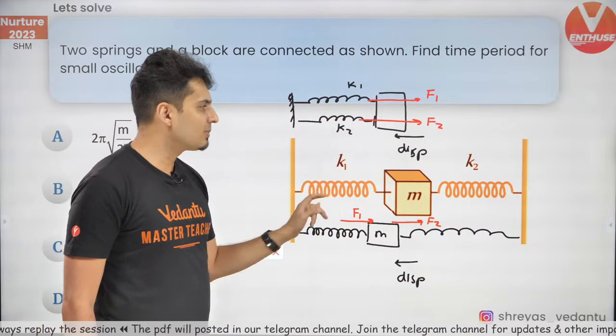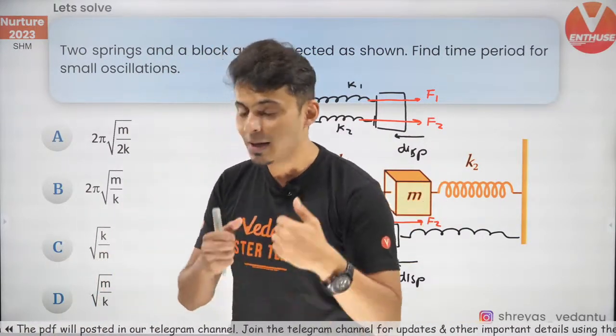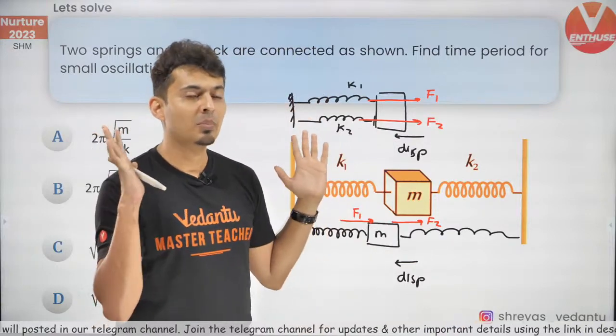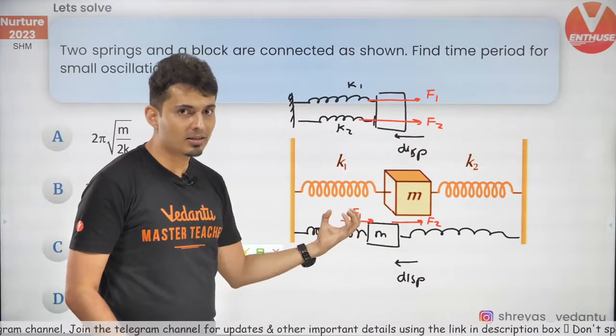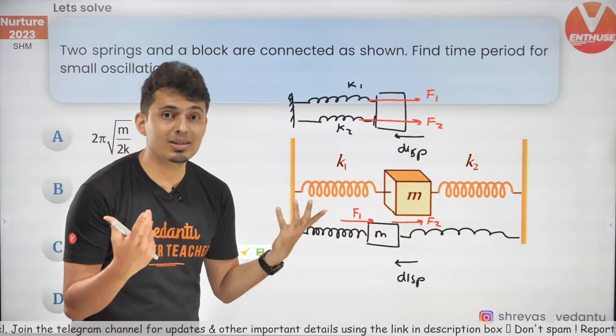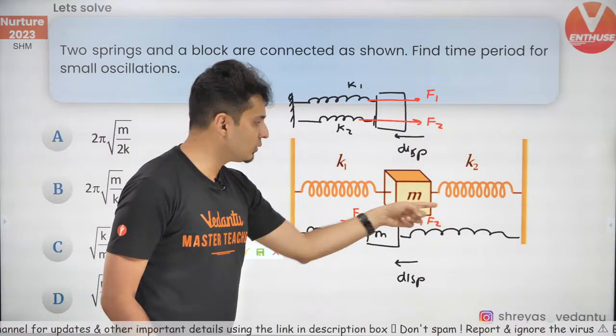So actually speaking, what are these two springs in? They are actually basically in parallel. So what have I done? I just moved or displaced or disturbed the system. I saw how the forces are. I saw this spring pushes this way, that spring also applies the force this way.